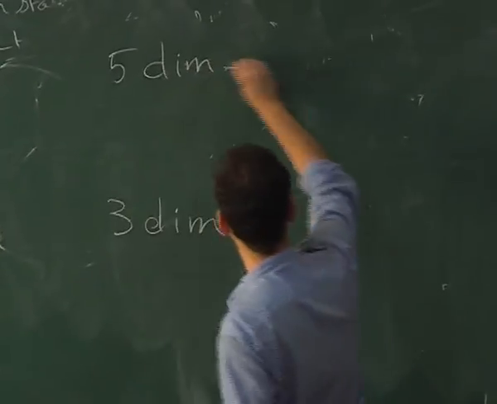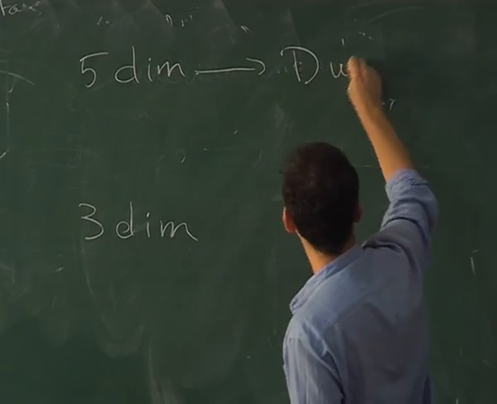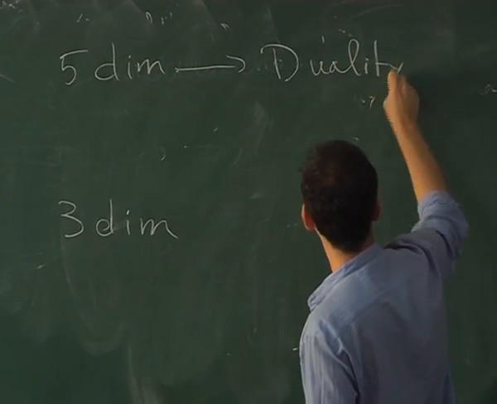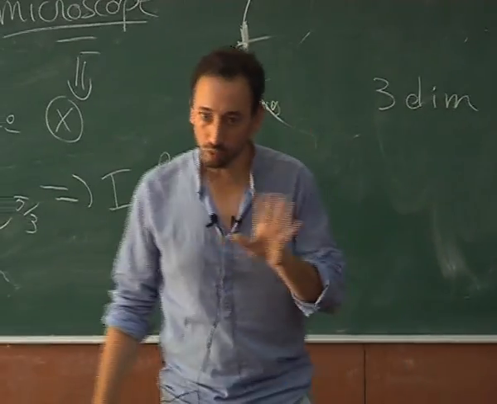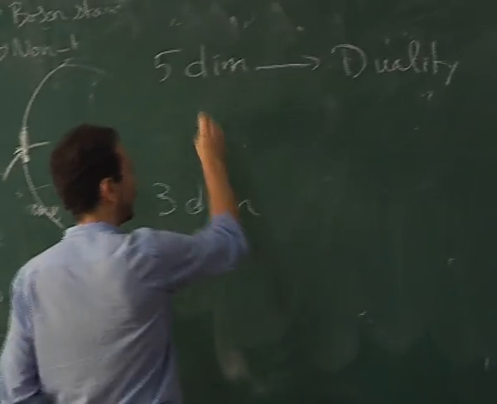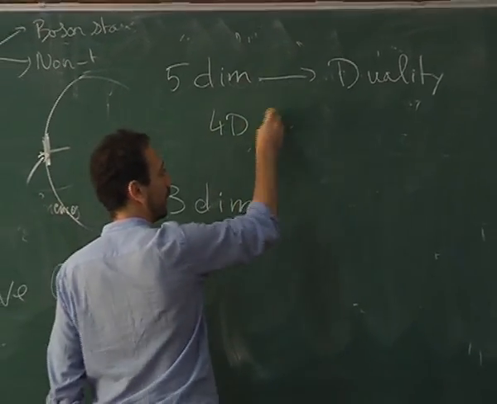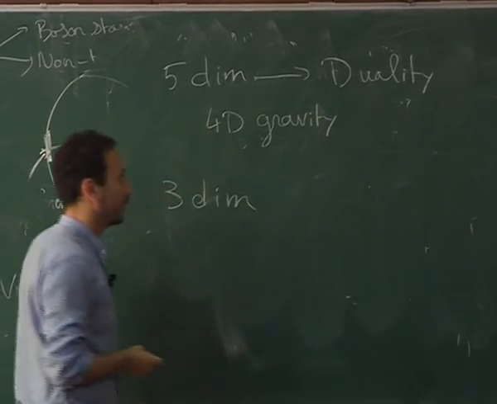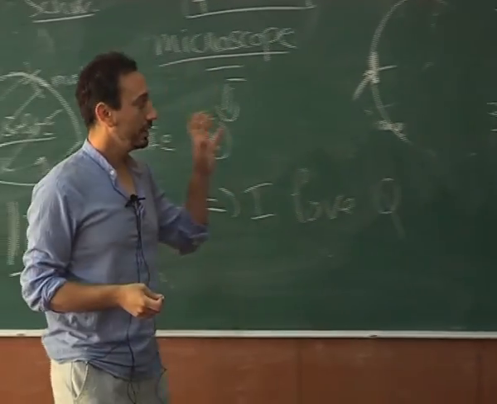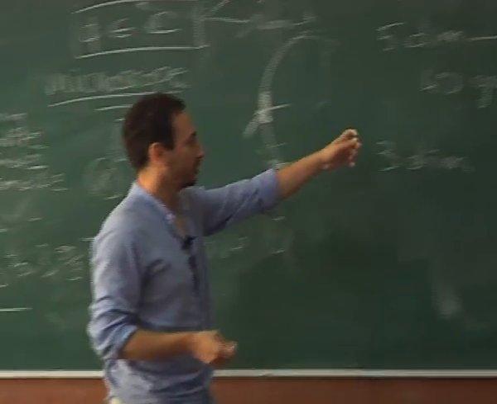One is what is called duality. In the sense that, imagine that our world is 4-dimensional. We have a 4D theory of gravity. This is the real world. It's 4-dimensional.